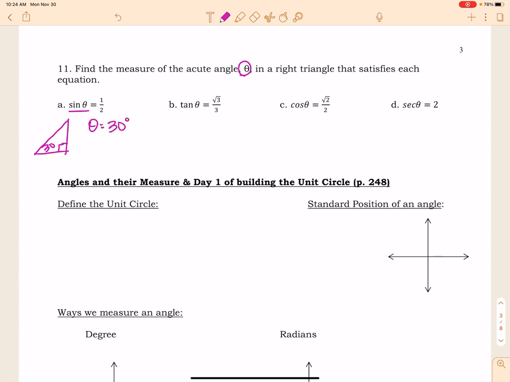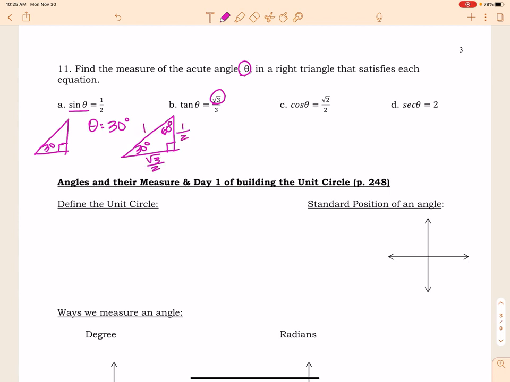Okay, tangent theta, this gets a little trickier. I want you to recognize that since it's got radical 3 in the numerator, that indicates that we are going to be dealing with a 30-60 right triangle situation. Remember what my measures would be.